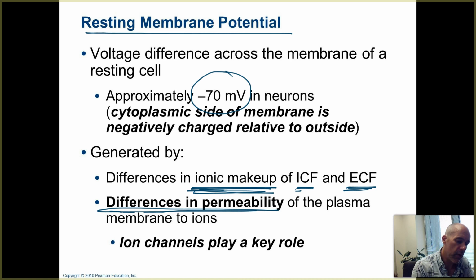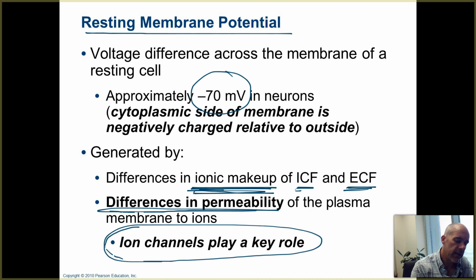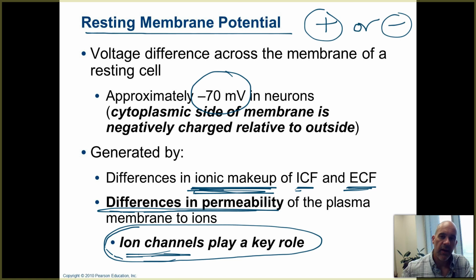And remember back in Unit 1, we talked a little bit about passive transport and active transport, how ions and other substances get across cell membranes through membrane proteins, and sometimes those are channels and sometimes they're carriers. Well, now we're going to be seeing some examples of these things at work. So ions, anything that's positively or negatively charged, cannot freely diffuse across a cell membrane.